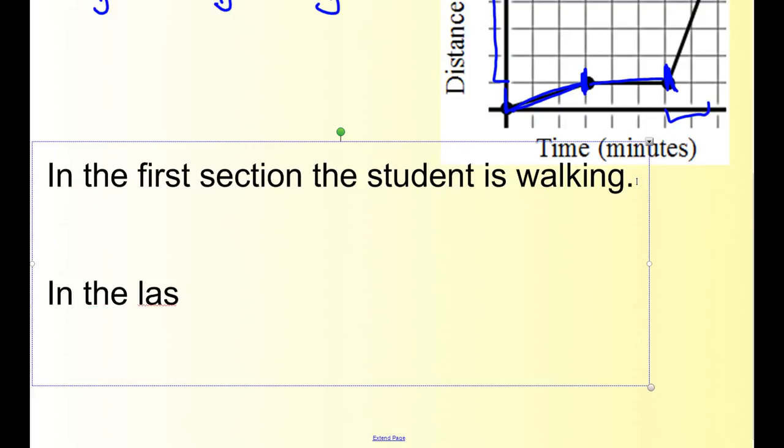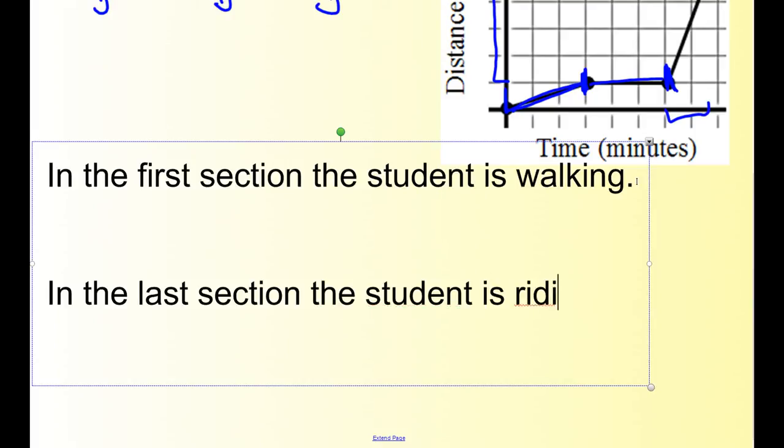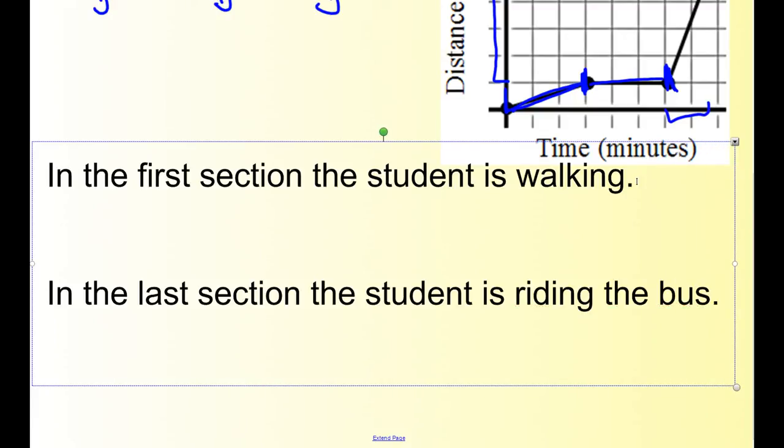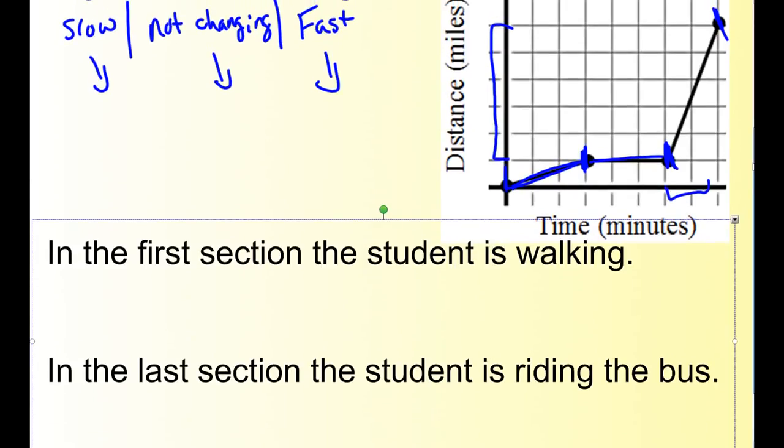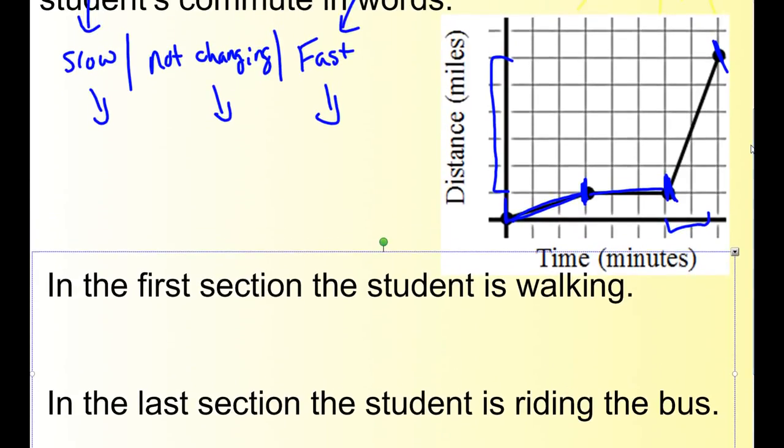In the last section of time, the student is riding the bus. All right. So all we're missing now in our explanation, besides maybe some little extra details, is what's happening in this middle section. Why is this person not moving right here? Well, if they walk, then they're waiting, then they ride the bus. They're probably waiting at the bus stop. That's probably what's happening here.